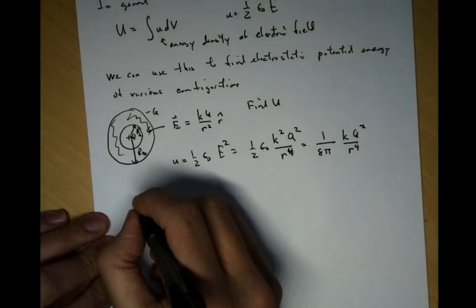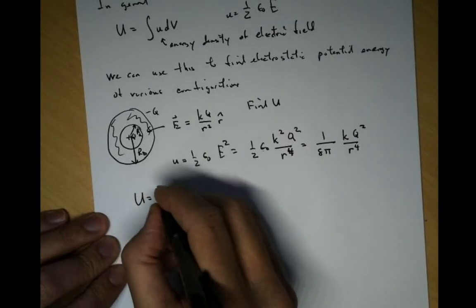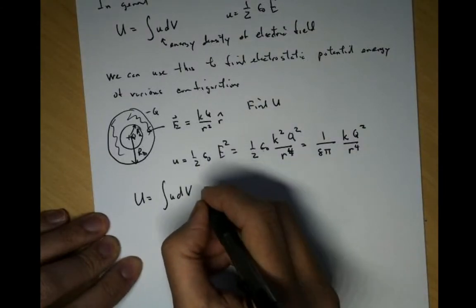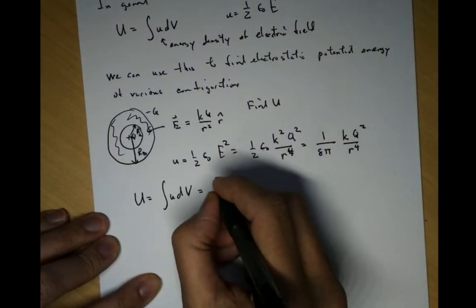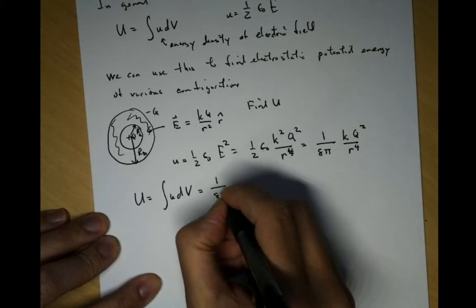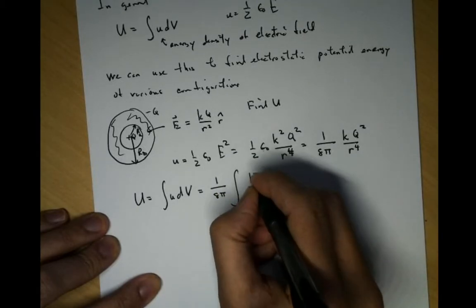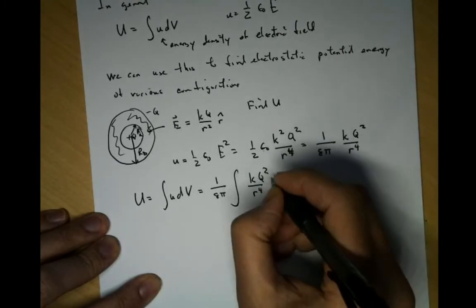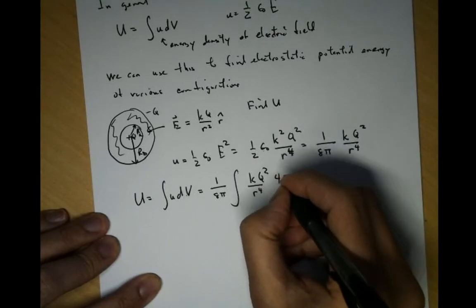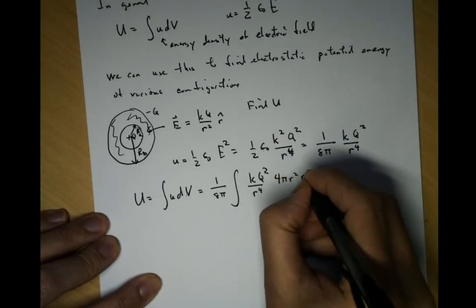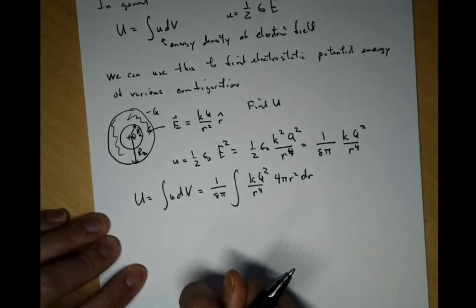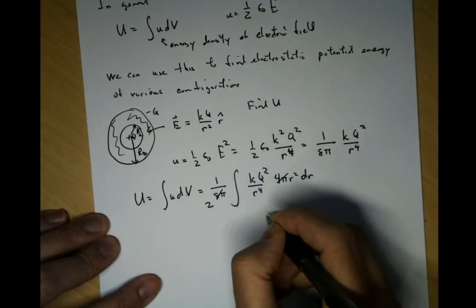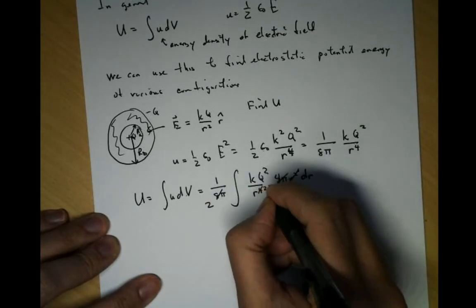Okay. So then U is equal to integral of U dV, as stated earlier. That's going to be equal to, okay, 1 over 8 pi, put everything here now, K Q squared over R to the 4th times the area 4 pi R squared, with R squared dr. All right. Okay, let's go ahead and figure this thing out. That kills that, makes it a 2. This kills that, makes that 2 there.